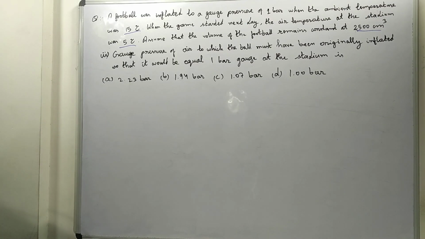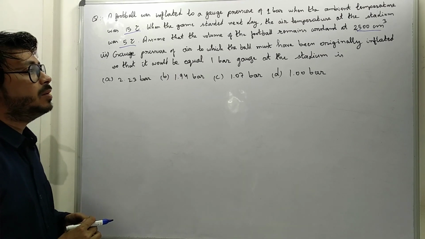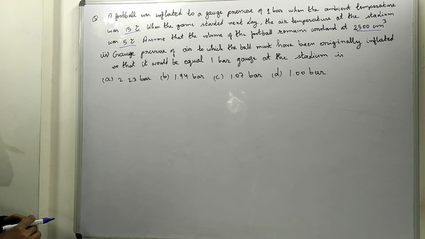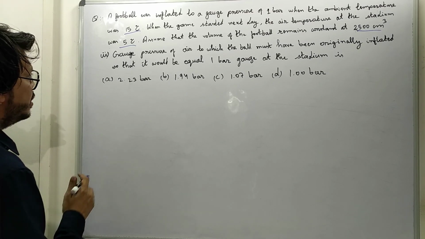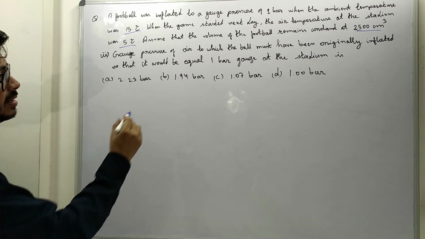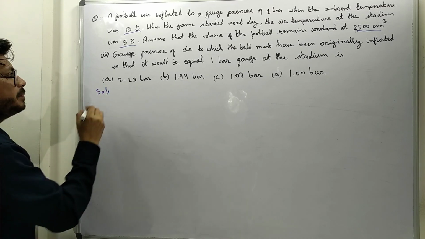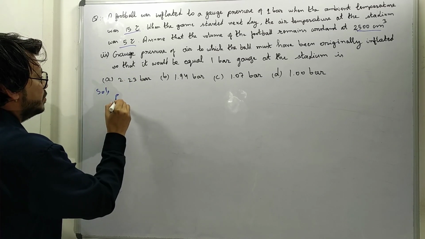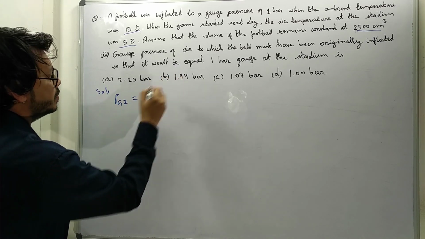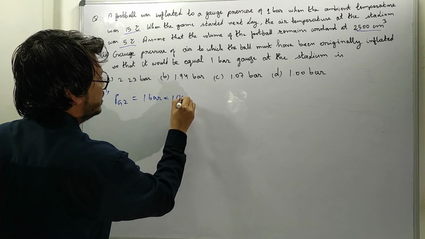Now the second part of the question: the gauge pressure of air to which the ball must have been originally inflated so that it would be equal to 1 bar gauge at the stadium. That is, we have to find the initial gauge pressure such that the final gauge pressure is 1 bar. So final gauge pressure P gauge 2 is given as 1 bar, equal to 100 kilopascal.